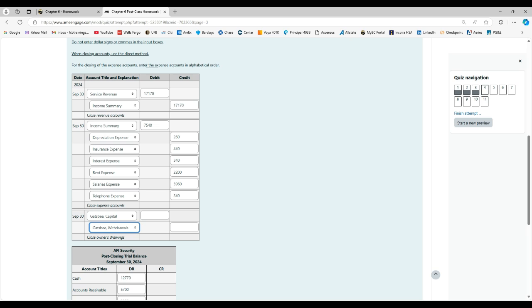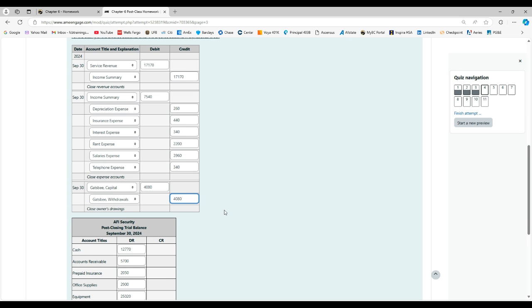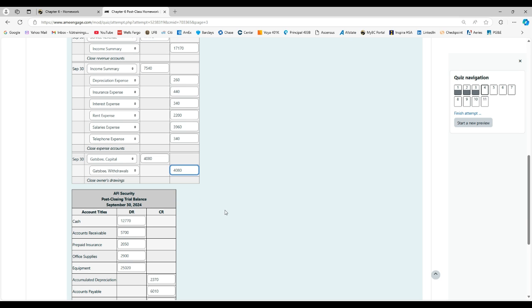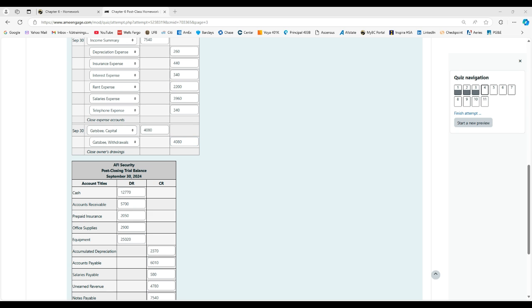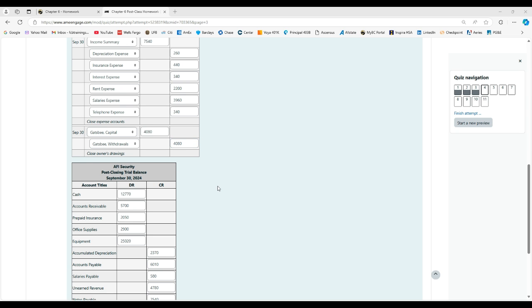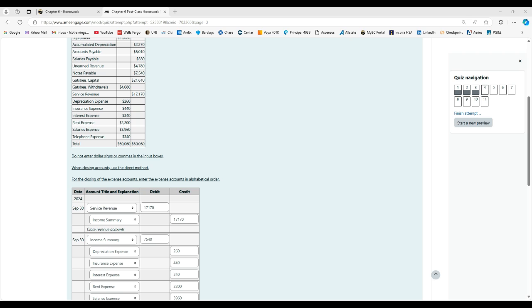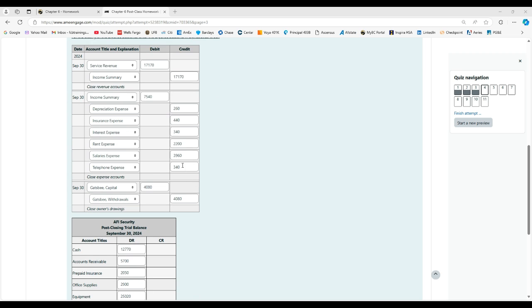And our draws was 4,080. Okay. So now we're almost done. We just need to adjust capital. So our starting balance before closing temporary accounts is 21,610.